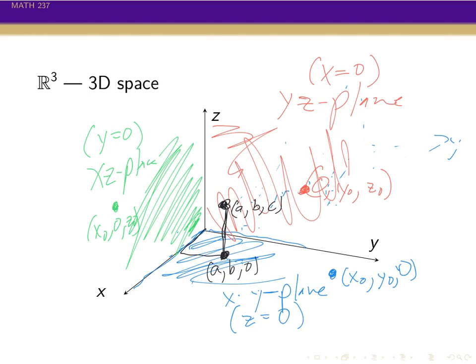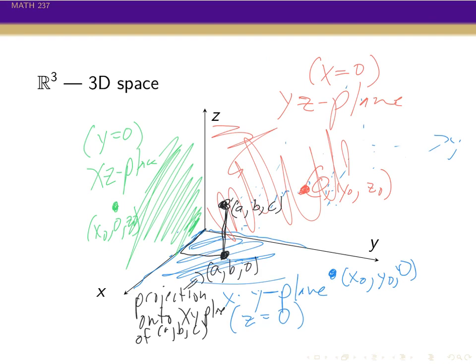We're going to call this the projection onto the xy plane of (a, b, c). We're just focusing in on the x and y coordinates and setting the z coordinate to be equal to 0.